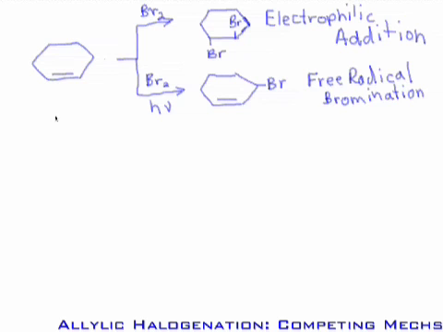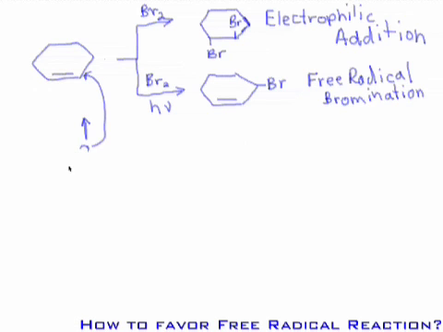In the top one, electrophilic addition, Br2 made an approach and collided with the alkene. This broke that bond, making a bromonium ion. And then the Br minus came around and attacked the back side. And you got trans addition of Br. So in order to do electrophilic addition, we have to get a collision with Br2.